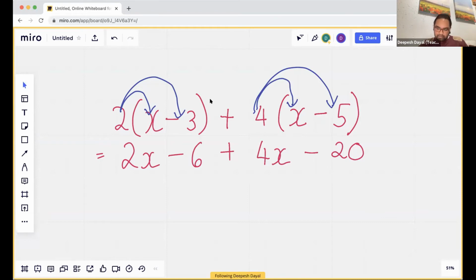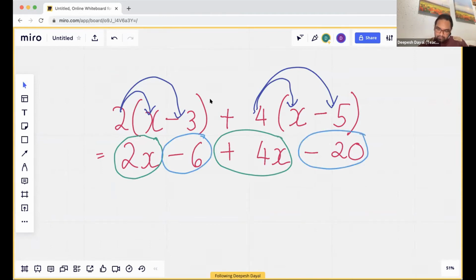What I do then is I put circles around the common ones. So 2x with the 4x, and it's plus 4x. And then we've got minus 6 minus 20. So our final answer will then be 2x plus 4x is 6x, minus 6 minus 20 is minus 26.